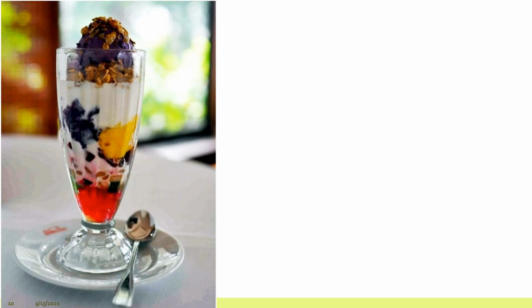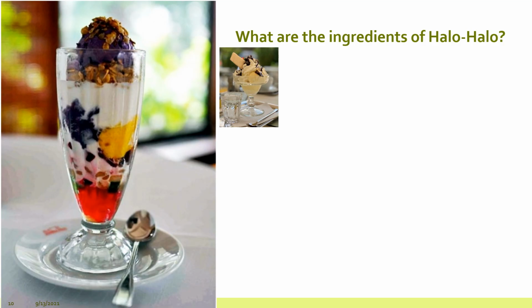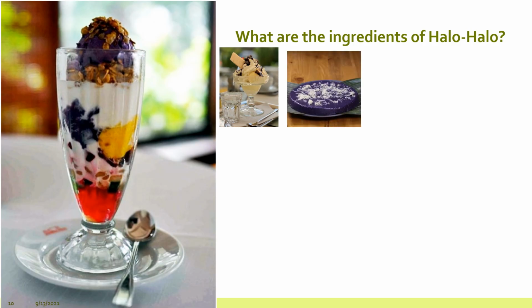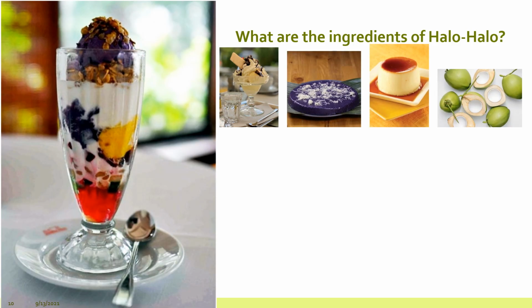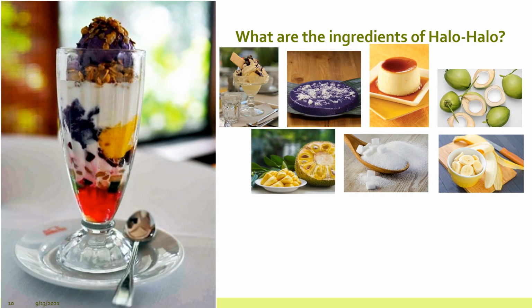What is this picture? Good job. This is halo-halo. So what are the ingredients of halo-halo? We have, okay, this is ice cream, ube, leche flan, buko, banana, sugar, langka.